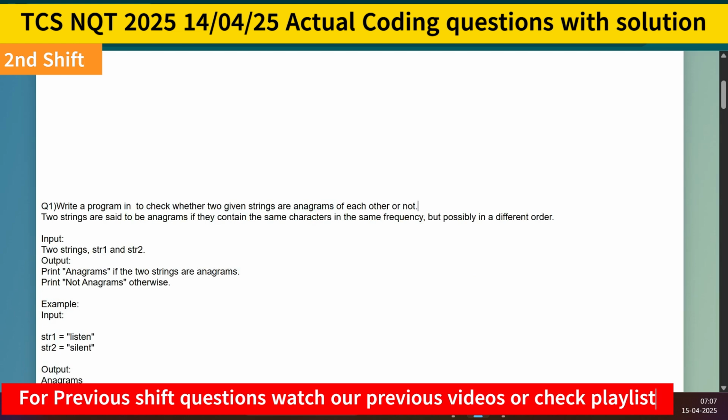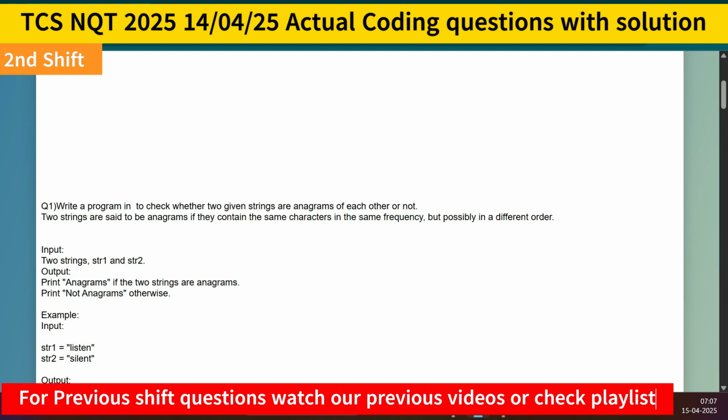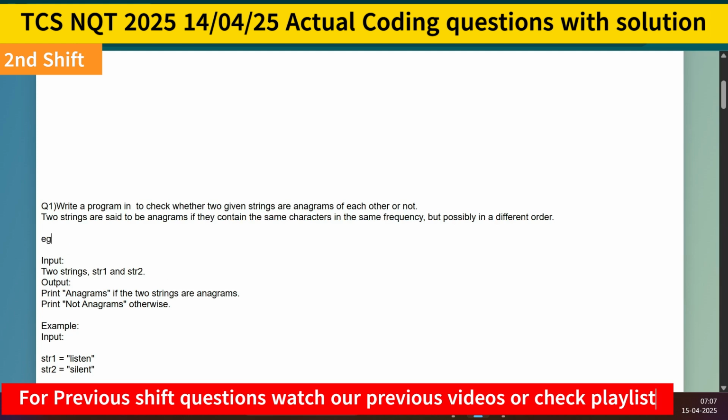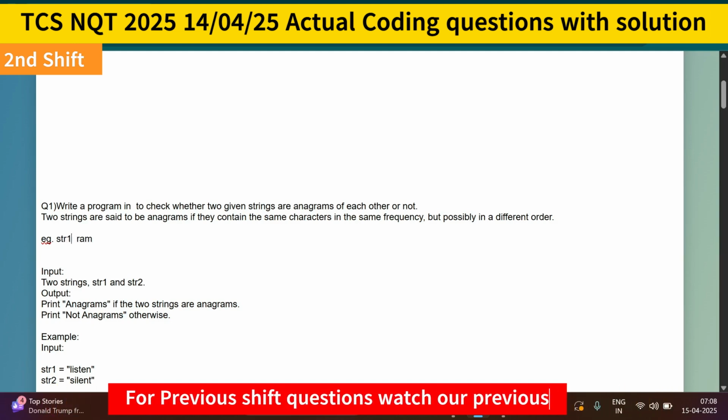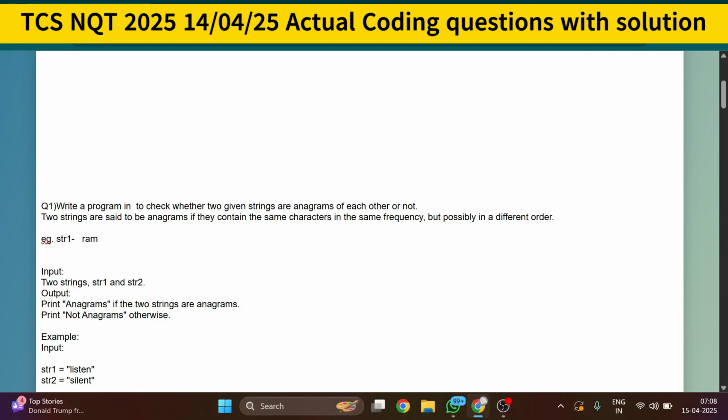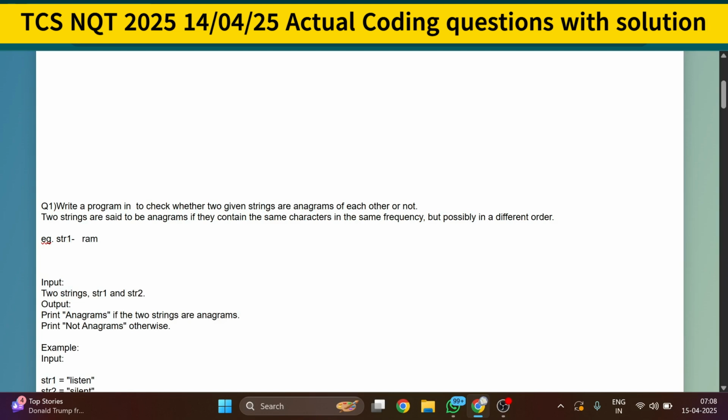Two strings are said to be anagrams if they contain the same characters in the same frequency, though possibly in a different order. Let me give you an example. Suppose str1 is Ram and str2 is Mara.